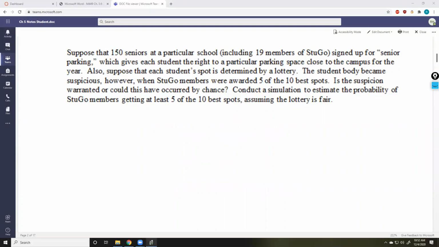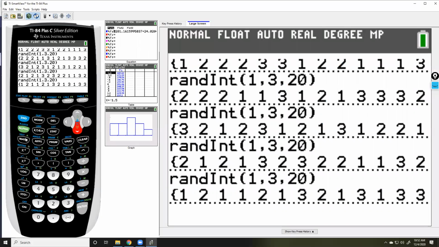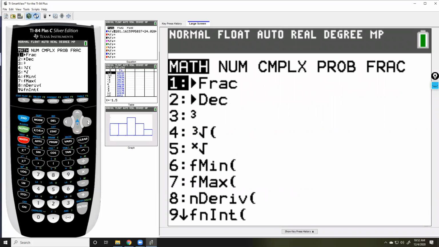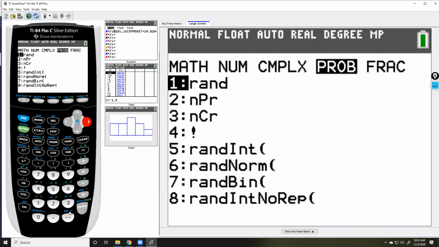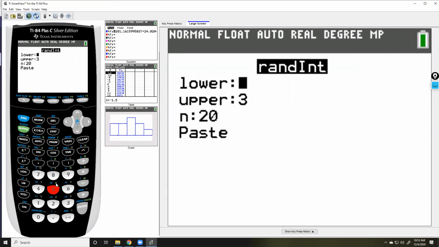So I'm going to go in math over to probability. And I want 5 random INT. This time we want 1 to 150. And we want to choose 10 of them.